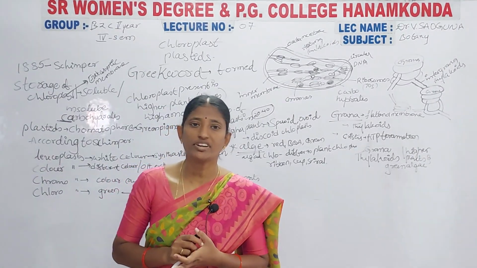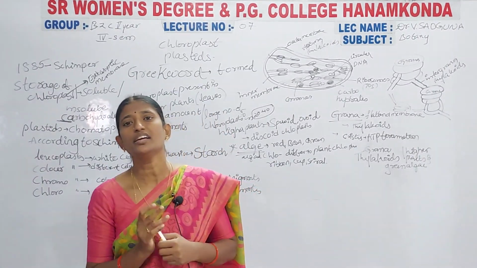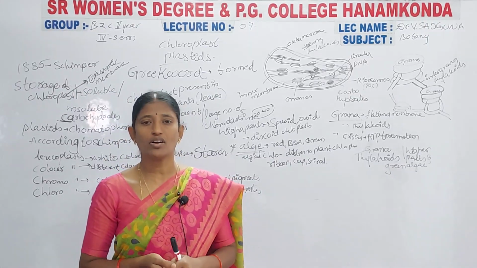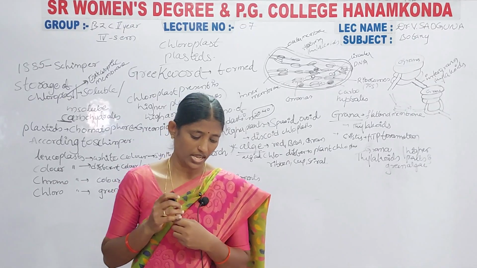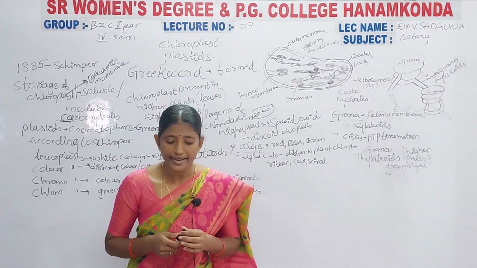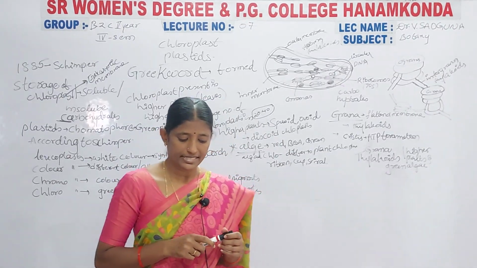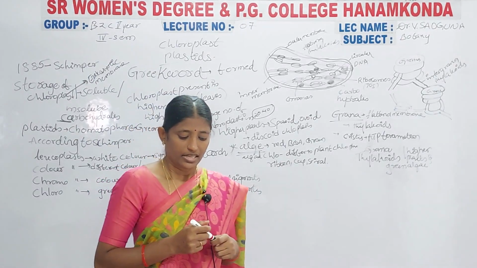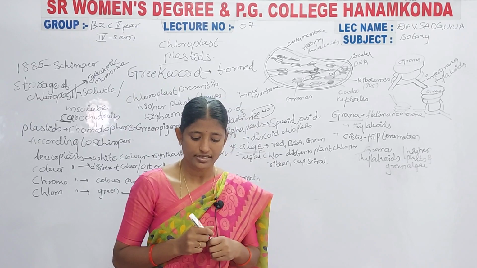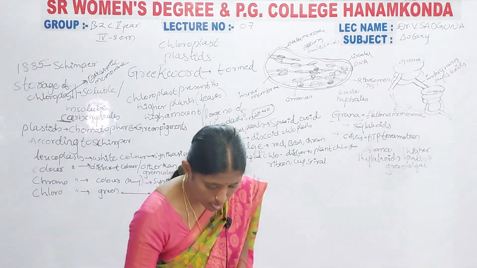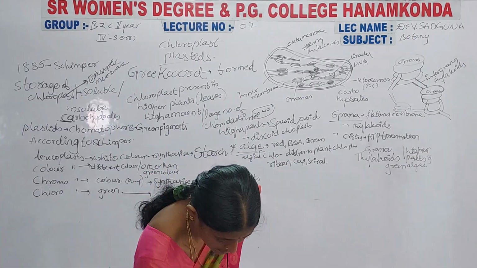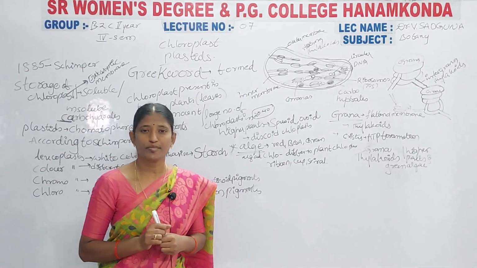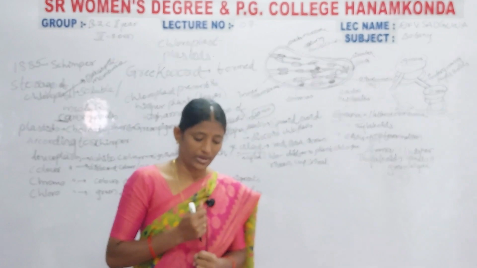That is a completely different type of algae. Already we told you about the red, blue-green, or green types of algae. Here, red and blue-green algae contain different pigments, the phycobilins.